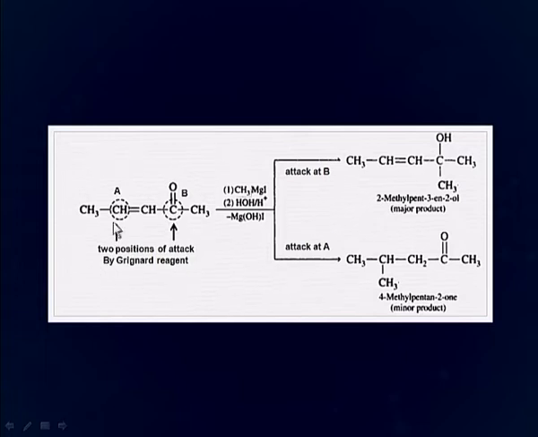If attack takes place at position 1,4 (the beta carbon), then the product is 4-methyl pentan-2-one. We already know that Grignard reagent is a strong nucleophile. That is why the 1,2 addition product is the preferred product and is formed as the major product here, whereas the other product is formed as a minor product.